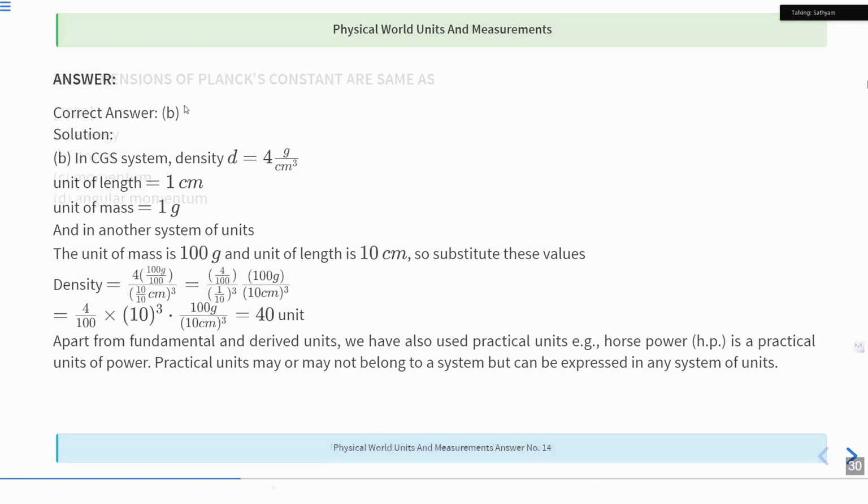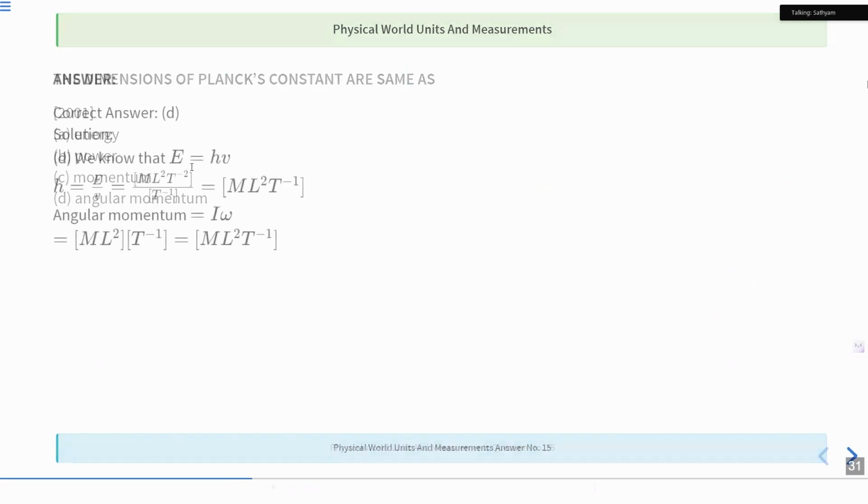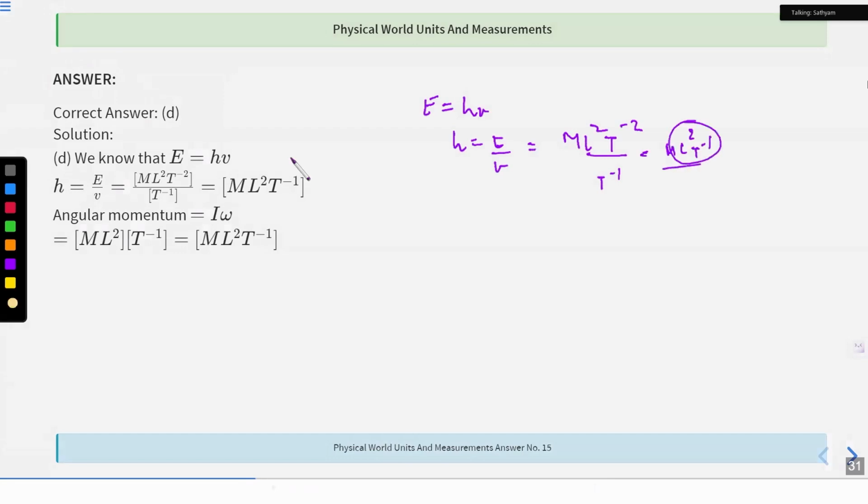See, again, same formula. Planck's constant, remember the formula: E is equal to h nu. E is the energy formula, h nu. So h is equal to energy by nu. So ML²T⁻² over nu, which is T⁻¹. So this is ML²T⁻¹. Right. This is the formula.